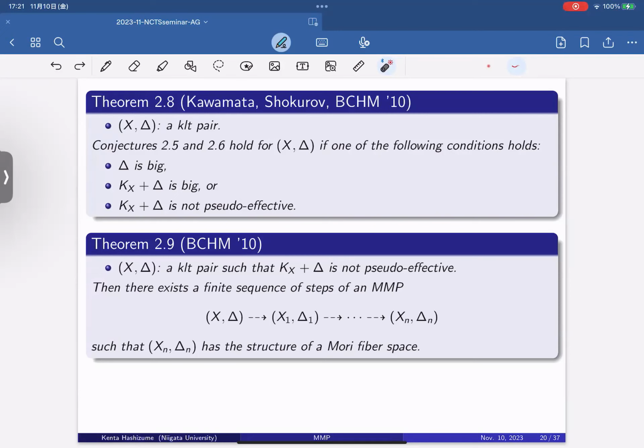For any KLT pair (X, delta), the existence of a good model and the abundance conjecture hold if (X, delta) satisfies one of the following conditions: delta is big, or the log canonical divisor is big, or the log canonical divisor is not pseudo-effective. Here, non-pseudo-effectivity means that for any ample Q-divisor A, Kx plus delta plus A is not big.